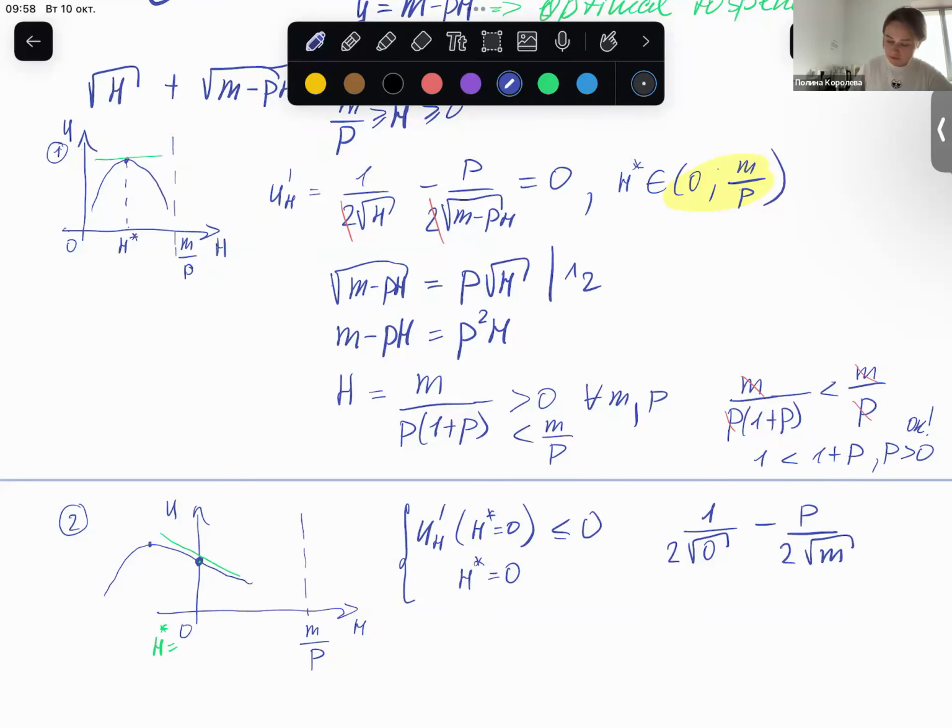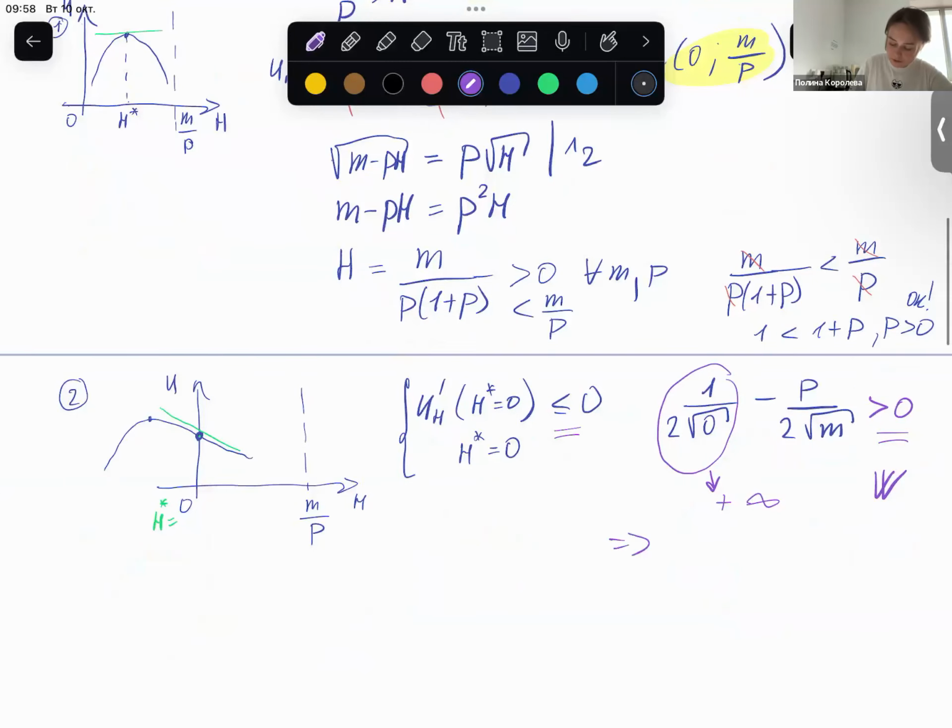And you see that the first part goes to plus infinity. So plus infinity minus some constant is actually positive. So we will have no such corner solution. Yes, so here is a contradiction. That's why we will not have such a corner solution.